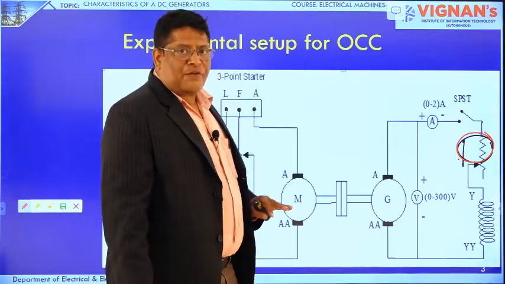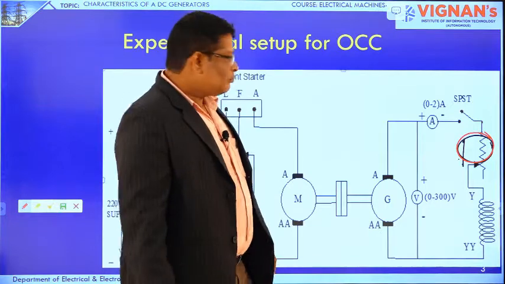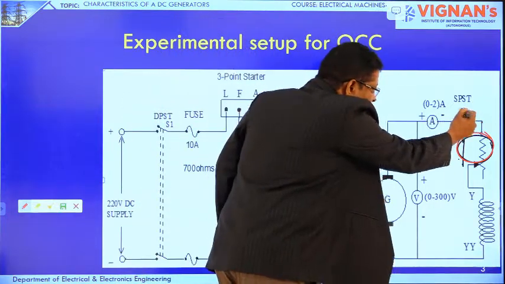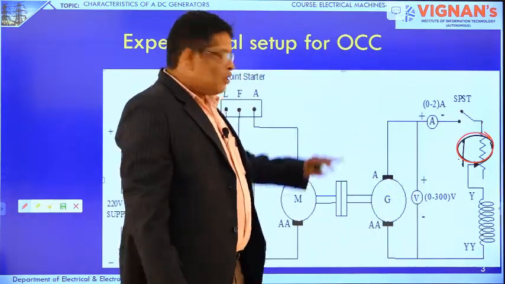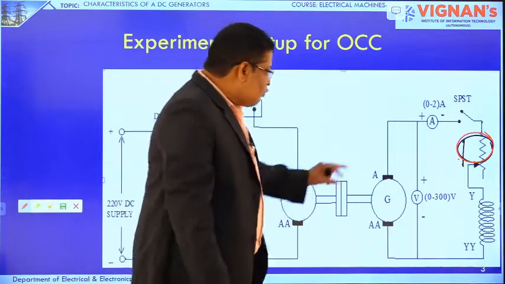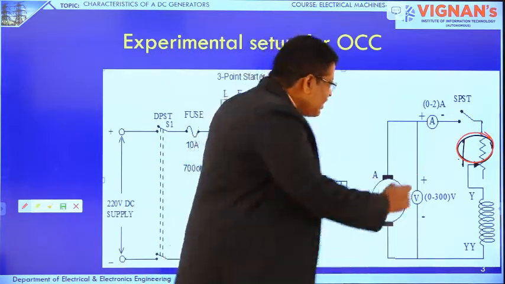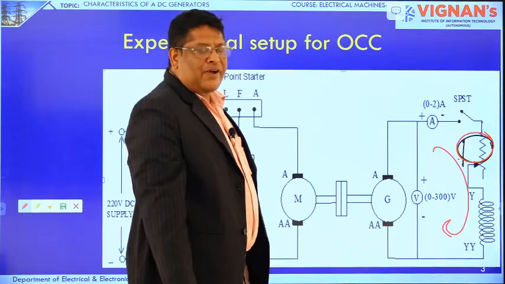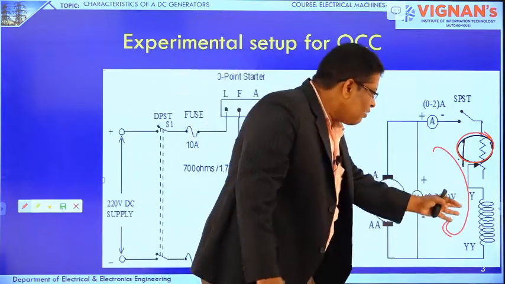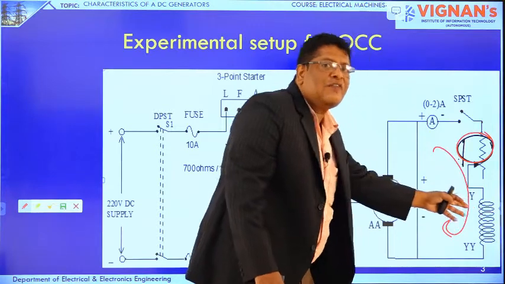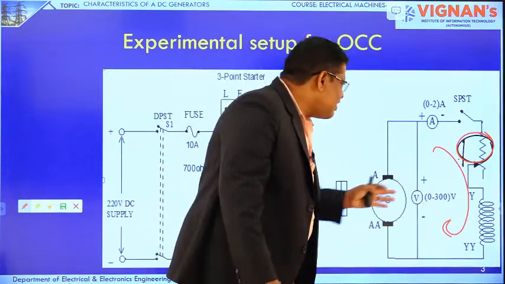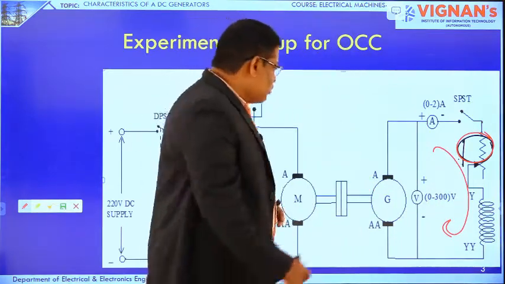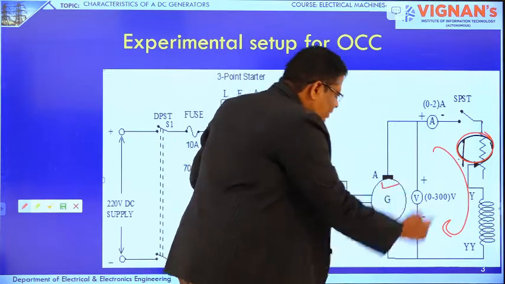After noting the voltmeter reading, close the switch. Whatever voltage is there sends a current through the field winding. Now when the field current increases, the field flux increases, which is added to the residual flux, so the voltage induced in the generator will increase.